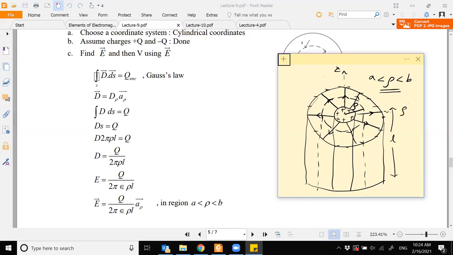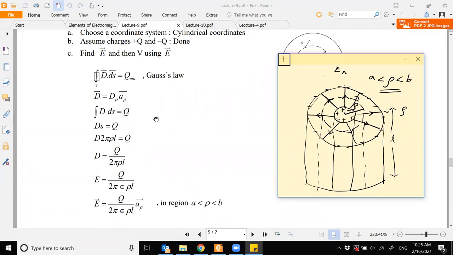So that's why our electric field has only a rho component. There is no other component. It's only in the rho direction. Therefore my electric flux density also will have only a rho component, so my electric flux density is D rho a rho.